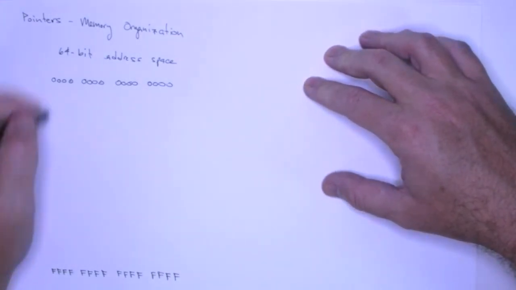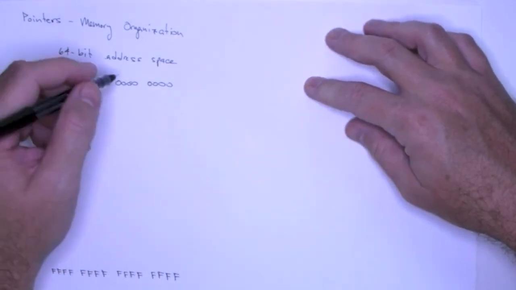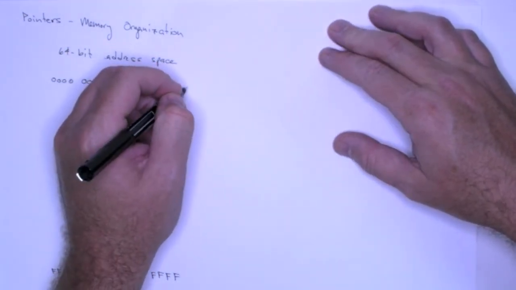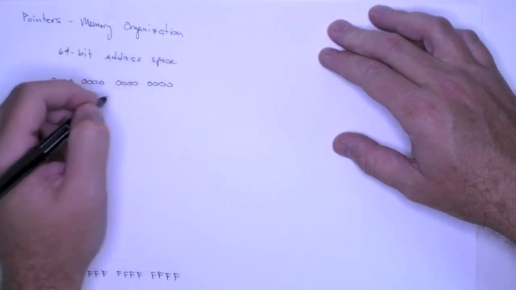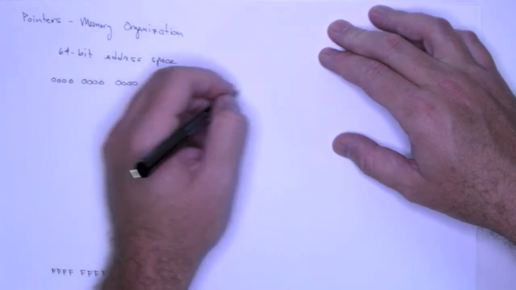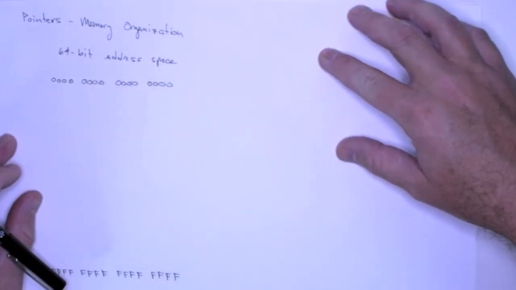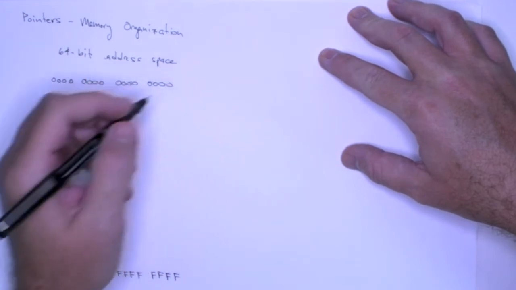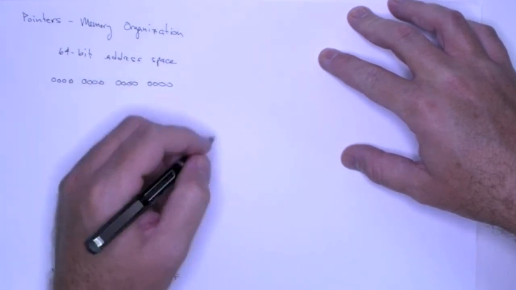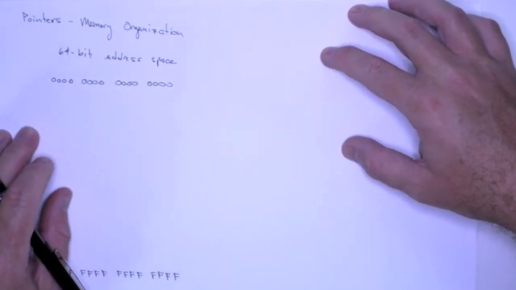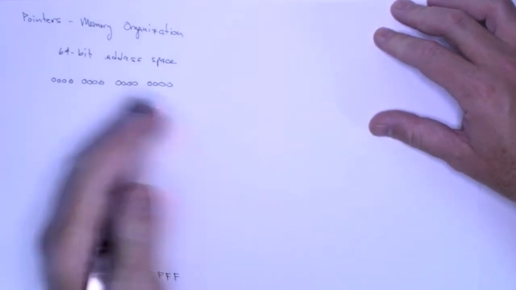And this is just one big table. This is the address, and then we can store information at these addresses. For example, we could put integers and characters and things like that in these address spaces. Really, everything is binary.